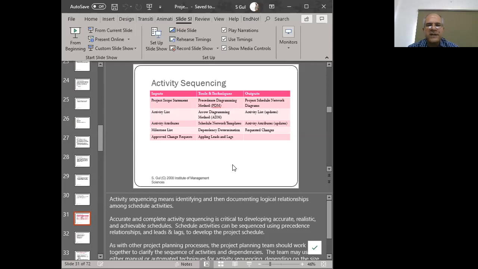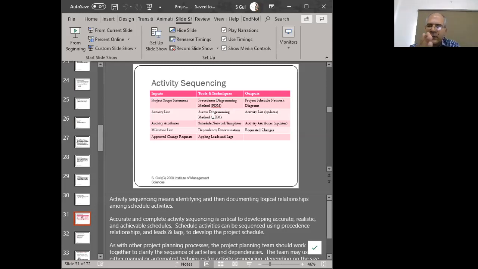Now, regardless of which diagramming method we use, we're going to come up with the same answer, which is that we're going to find out the critical path duration, and we're going to be able to identify our critical path, and we will also identify our float times that are available, the free time or the additional time that is available on an activity. So one of these two techniques, the PDM or ADM, can be used to sequence the activities.